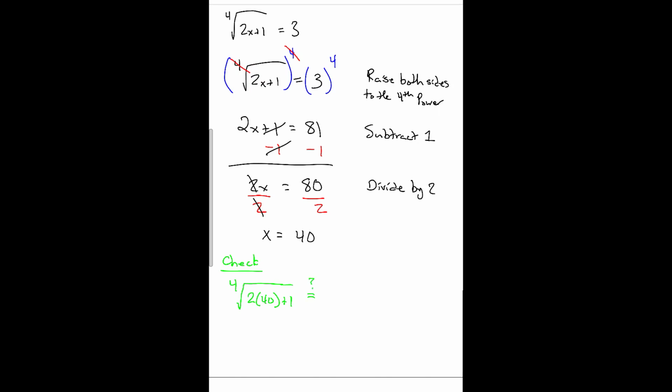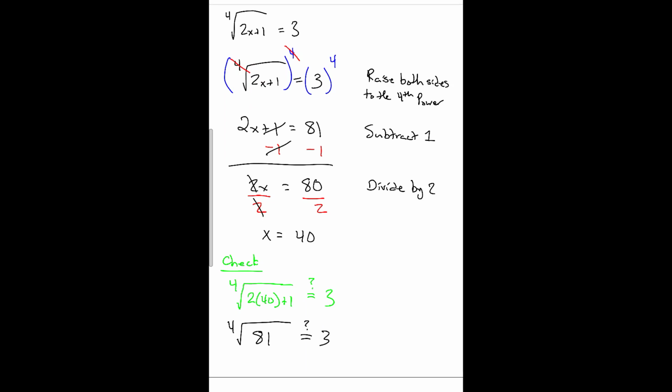And we hope it is equal to 3. If we work it out, 2 times 40 gets us 80, and then 80 plus 1 gets us 81. And we hope it is equal to 3.